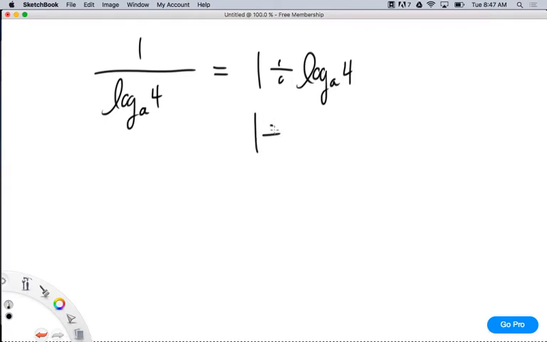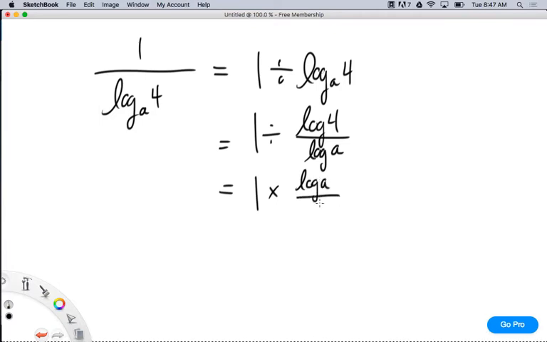Well, because this then becomes 1 divided by log of 4 over log of A. But what happens when I divide by a fraction? I multiply by the reciprocal, which is log of A over log of 4.